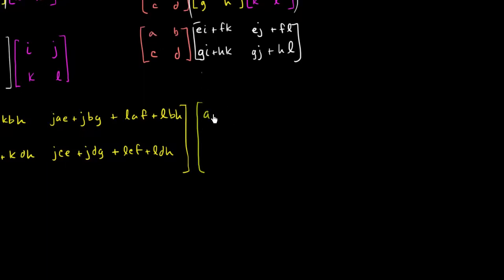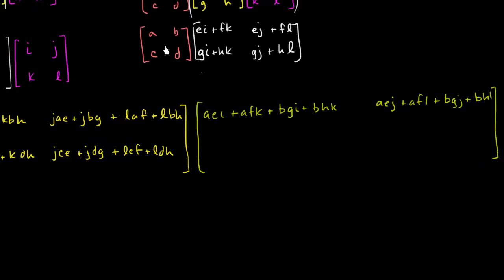So AEI plus AFK plus BGI plus BHK. And then you're going to have this row and this column. So it's AEJ plus AFL plus BGJ plus BHL.